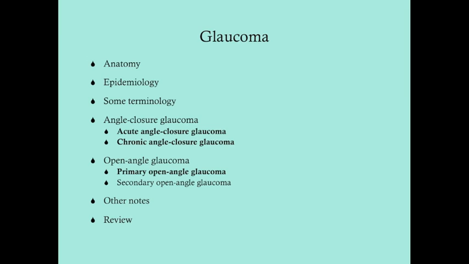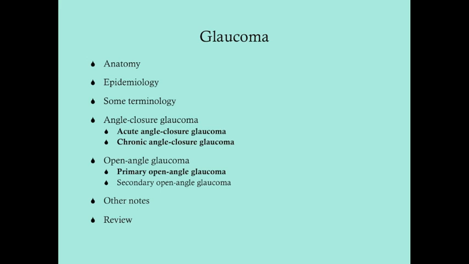So chronic angle closure glaucoma and primary open angle glaucoma share a lot more in common clinically than chronic angle closure glaucoma and acute angle closure glaucoma do. So these are divided up as far as their mechanism, but clinically they're much different.